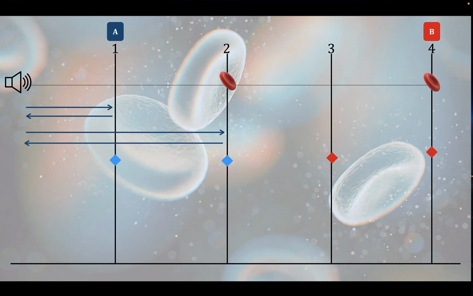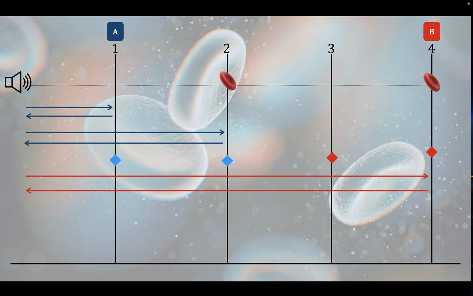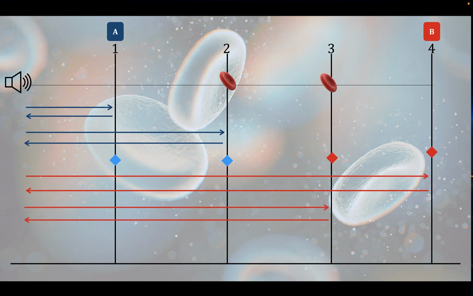Now let's look at RBC B that is present at location 4. A pulse is sent out to establish its current location and the distance from the transducer, and the second pulse establishes, while it is moving from location 4 to location 3, the distance it has traveled and the time it took for RBC B to travel from location 4 to location 3.